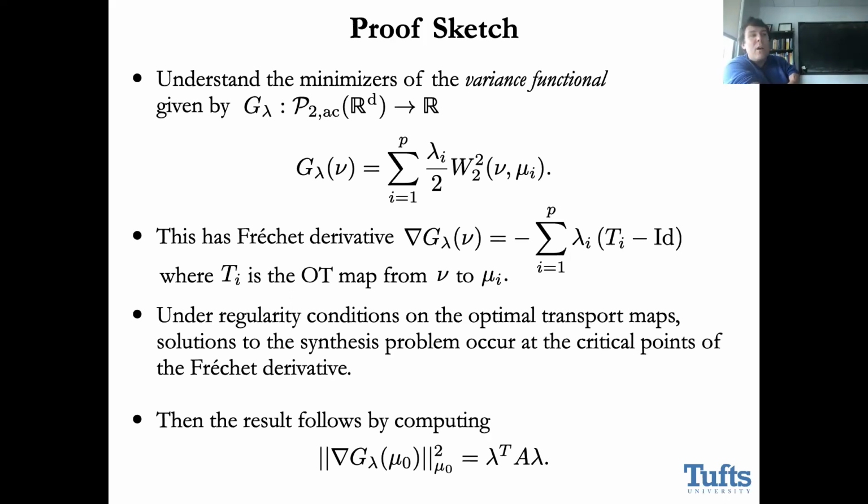We can argue that under our regularity assumptions on the measures, we get the right type of regularity on the transport maps, and therefore critical points of the variance functional will correspond to barycenters. This gives us the exact condition we want, because then I look at when I have a critical point of this variance functional. It'll be when lambda transpose A lambda is equal to 0, just by breaking out this inner product on the left-hand side and writing it as this matrix problem. So it's not too crazy, actually.